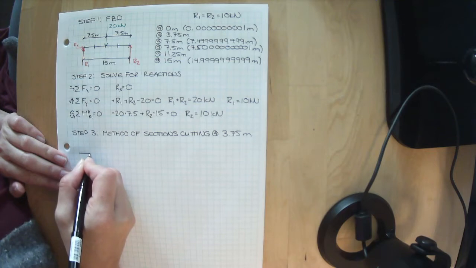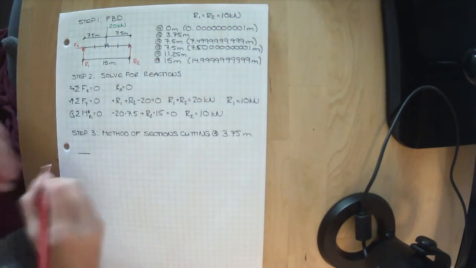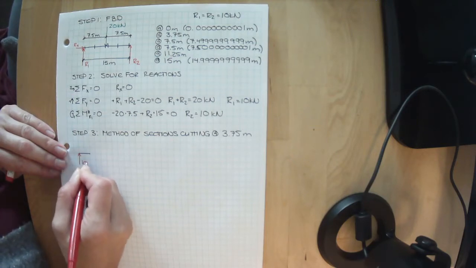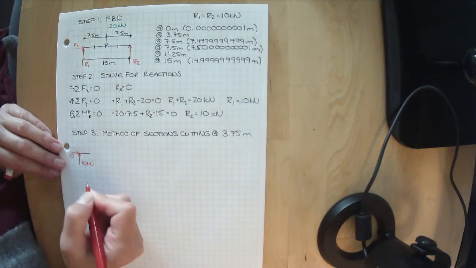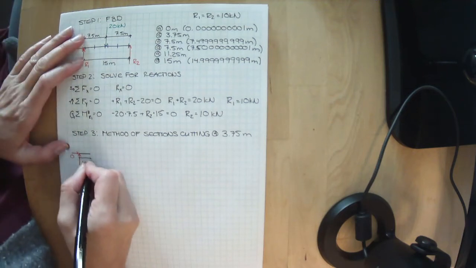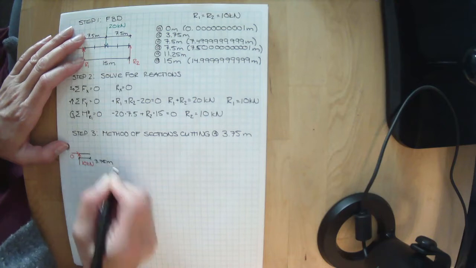So here is my beam. On the part that we're keeping of this cut, we've already solved for this reaction. We know it is 10 kilonewtons. We know that that is 0. And we know that we are cutting this at 3.75 meters.